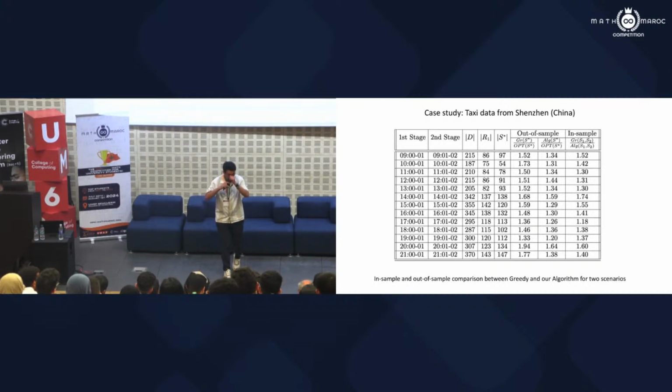Okay, so let me try to be efficient in replying to the questions. Reinforcement learning is another approach to think about problems where you are learning at the same time as optimizing. So there are some parameters in your problem that you don't know and that you are trying to learn.